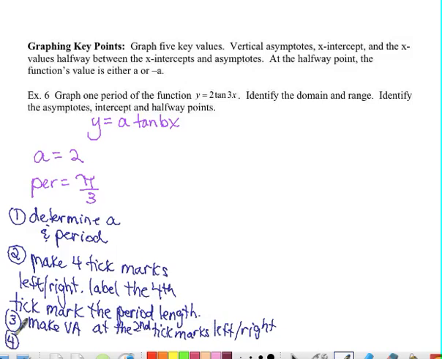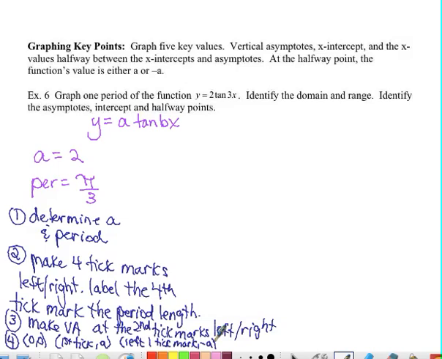Then what you're going to do is you're going to plot a point at 0, 0. Then you're going to do the 1st tick mark, comma A. And then you're going to go left a tick mark down to negative A. Okay, so you always do a point at 0, 0.